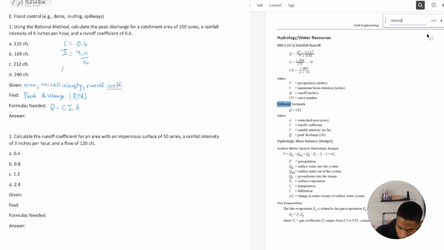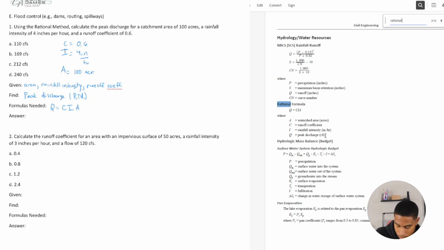And then A is equal to 100 acres. Also, it's important to note that if I have my area in acres, my runoff coefficient is just a number, and my rainfall intensity is in inches per hour, my peak discharge is going to come out in cubic feet per second.